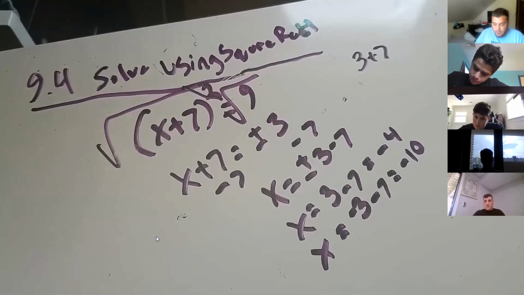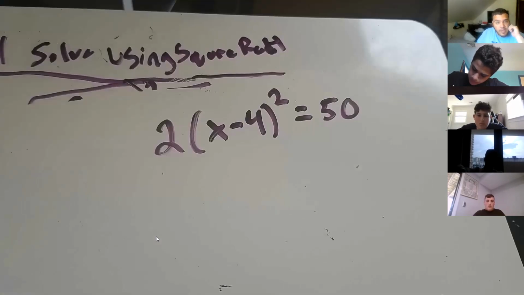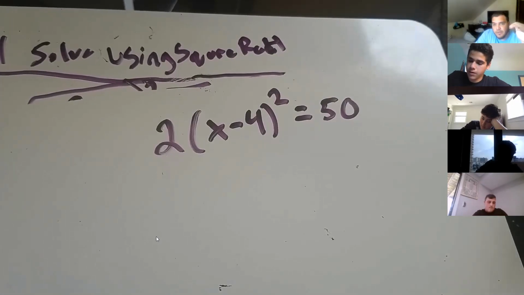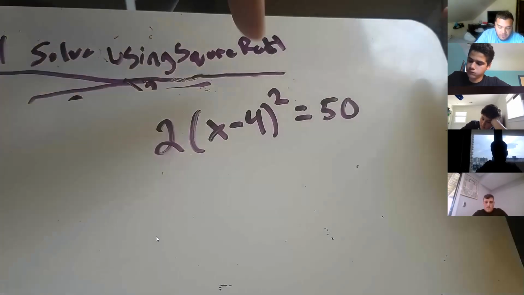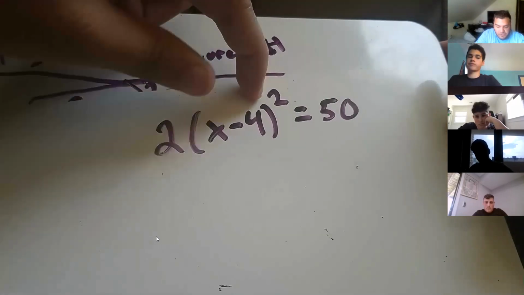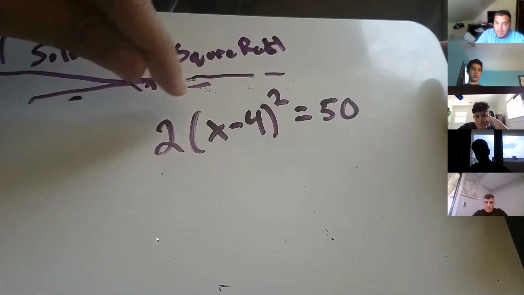Okay. We're on our next one. So we have 2 times (x minus 4) squared equals 50. Real common error people make: instinctively, you're thinking of distributing, but this squared, this power, locks them in the house. You cannot distribute the 2 to x and minus 4.